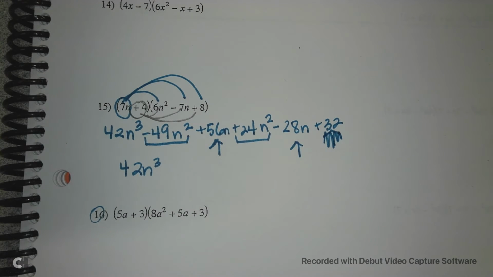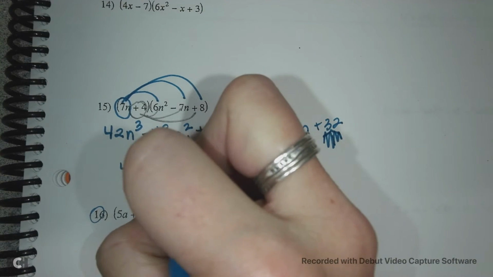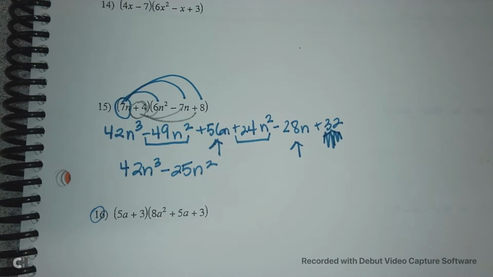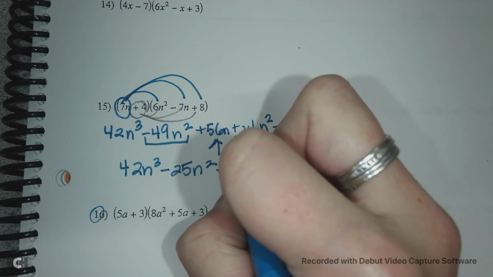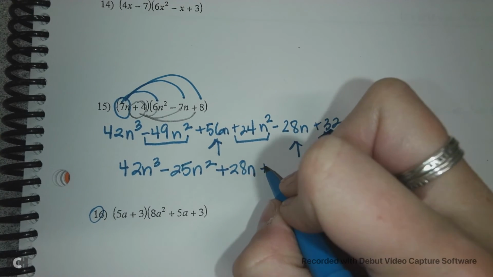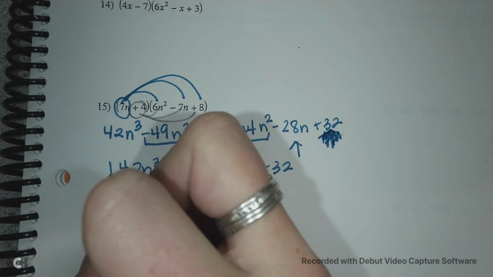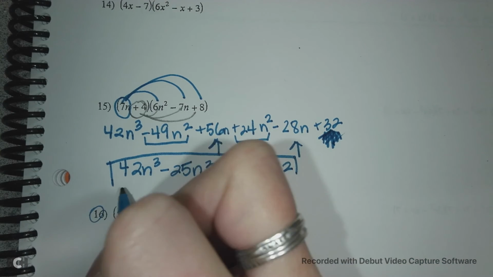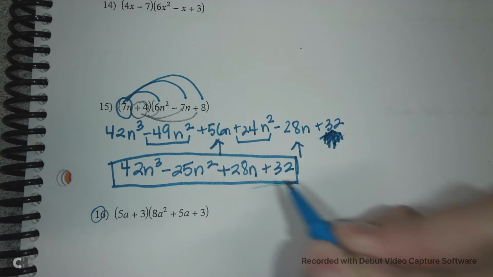So negative 49 and 24 is negative 25n squared. And then I have 56 n's, and I'm going to take away 28 of them, and that leaves me with 28 n's. And then 32, I couldn't do anything with that, so plus 32. Sorry about that. I forgot my n with my 56, but it's all fixed now.